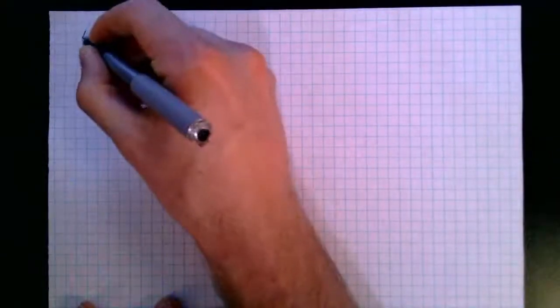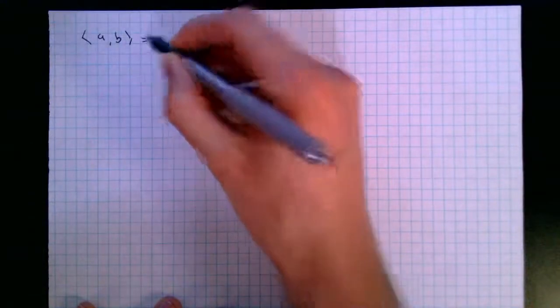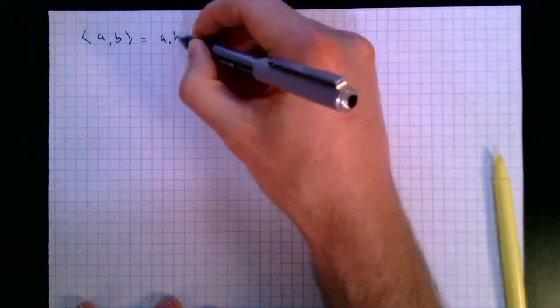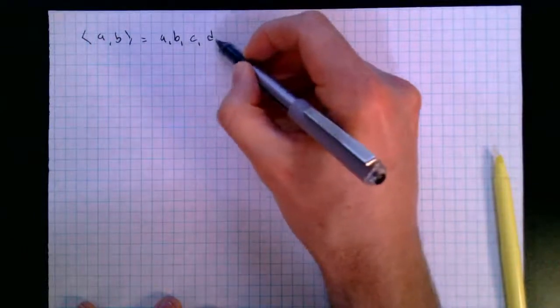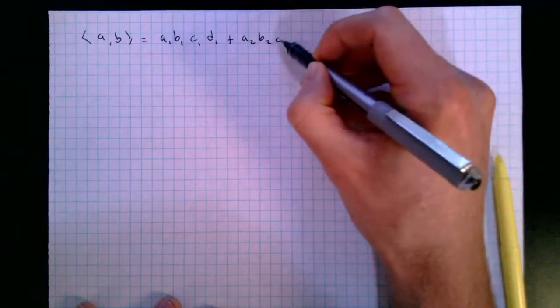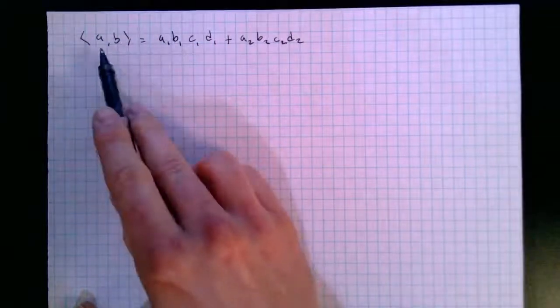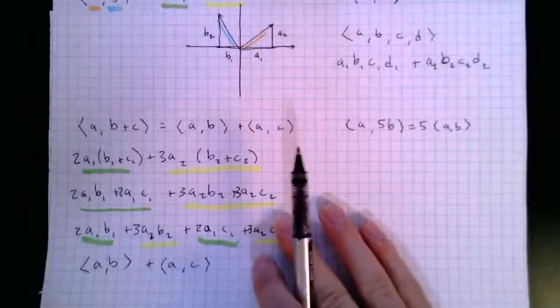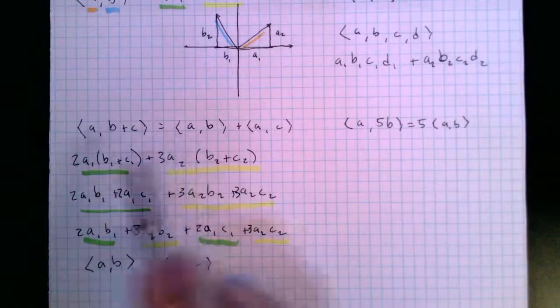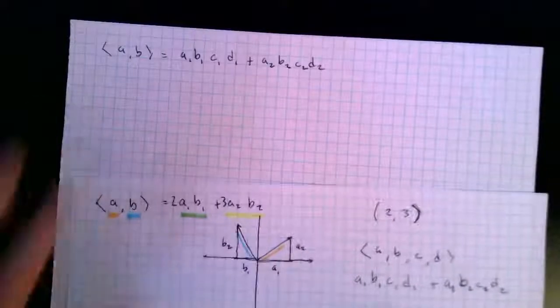So if we define our inner product of A and B as this thing that we had here, which is equal to A1, B1, C1, D1 plus A2, B2, C2, D2, now what we're seeing is, do these linearity properties hold, this one and this one, if our inner product is defined by this?